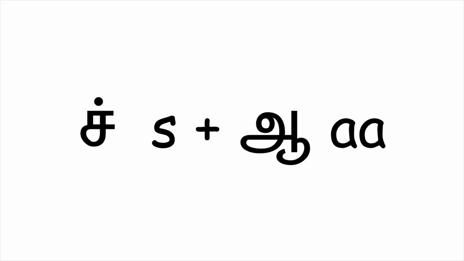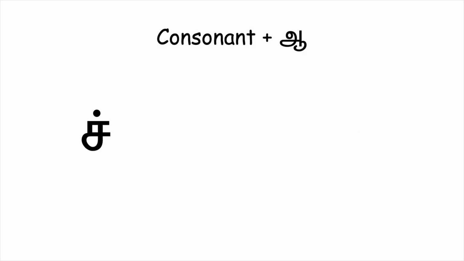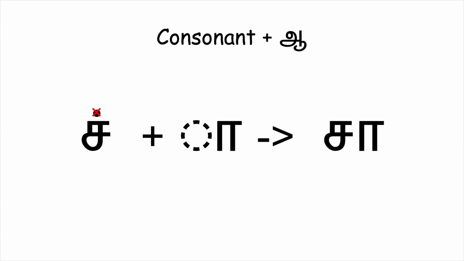This is the letter sa. It's formed from uch plus a. As I covered in my vowels and their patterns video, you can convert a consonant to a consonant plus vowel combination by adding a simple pattern to the consonant. For the consonant plus r combinations, we can remove the dot from the consonant and add this pattern, and we can apply this to uch to get sa.